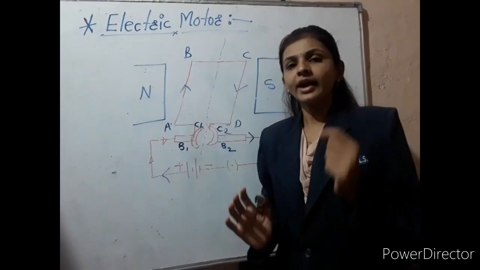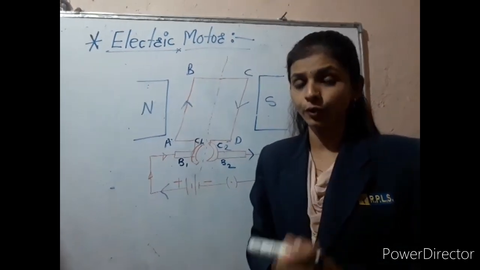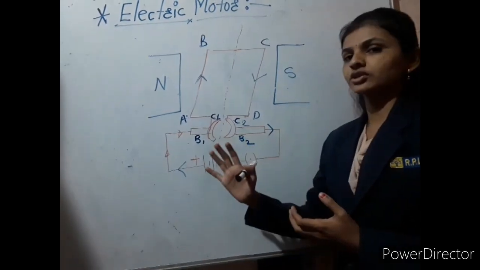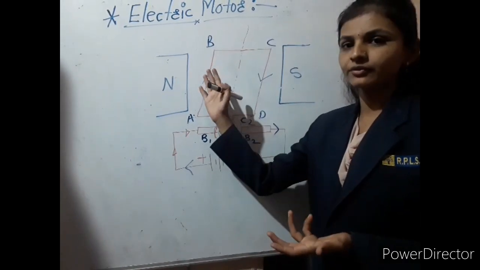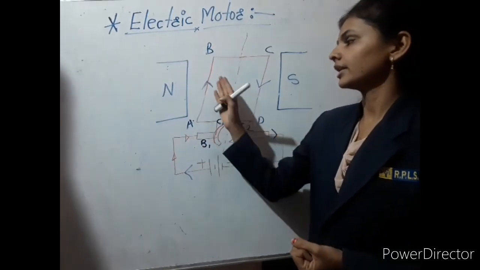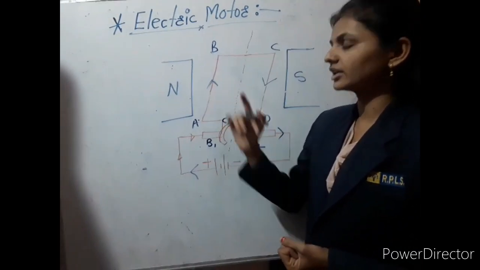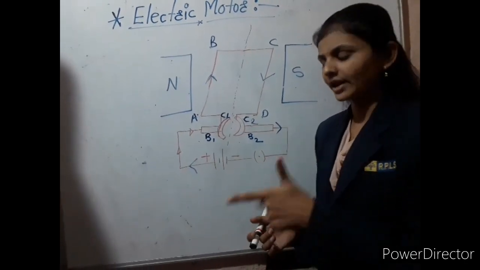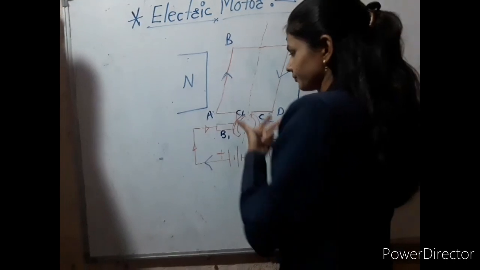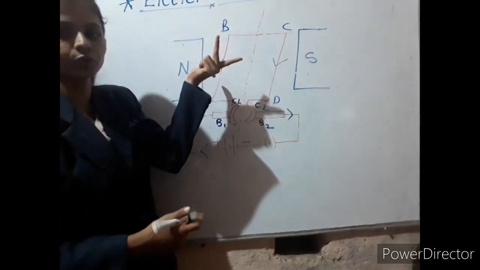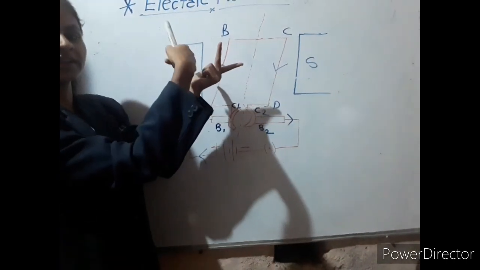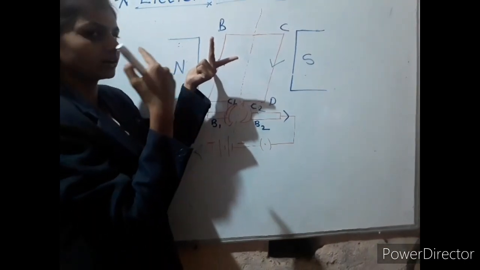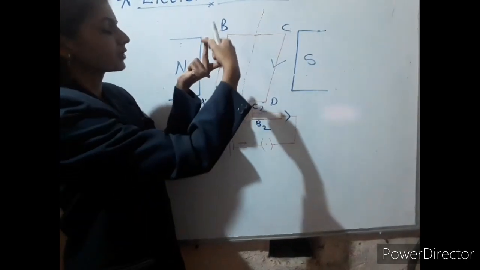Now we have to find the direction of rotation, in which direction the coil starts to rotate. When we switch on the supply, current already flows from A to B. Here we know the current direction, so we apply Fleming's left hand rule. The thumb indicates the motion, here downward.